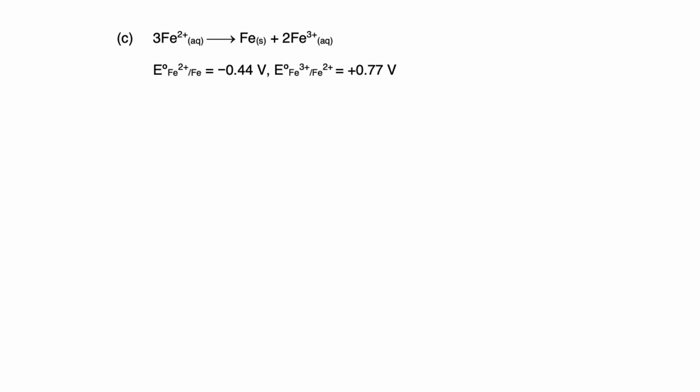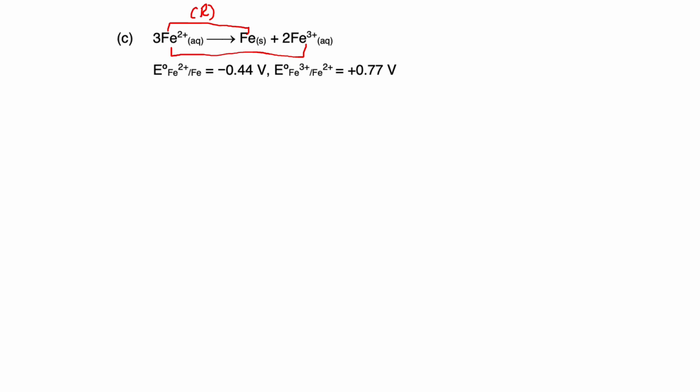Now let's take a look at the final answer. This one might be a little bit confusing, but worry not, everyone. Actually, ferrum 2 plus will produce two things, this one and this one. As you can see, for the top one, the oxidation number is decreasing, which means this one undergoes reduction.